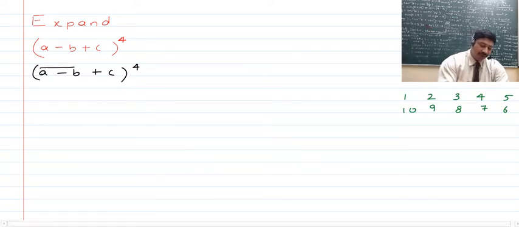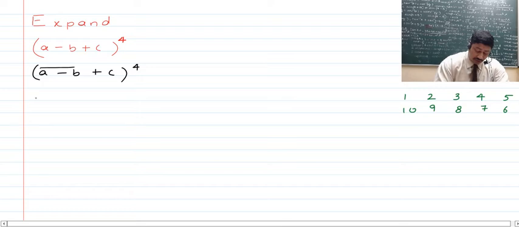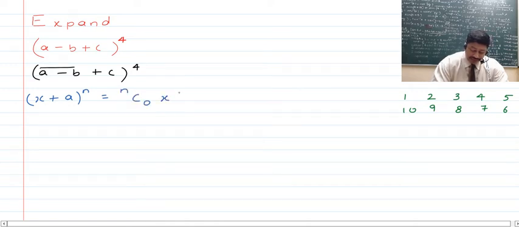So quickly we will be reminded about the formula. When we talk about (x plus a) raised to the power n, that is going to become equal to nC0, the first term raised to the power the difference of the superfix and the suffix, that is n, times the second term raised to the power the number in the suffix, that is 0.